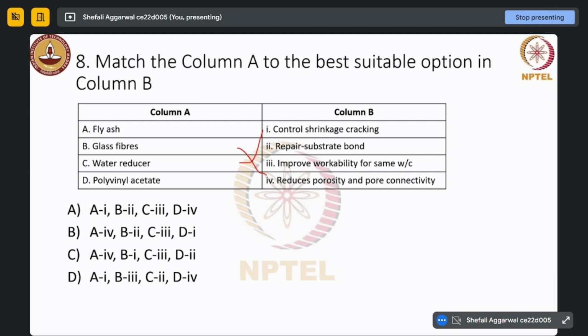No, I think it will be fly ash. Fly ash will reduce porosity and pore connectivity. Yeah, because of the finer particle size, it will fill all the pores and voids which are present. Okay.